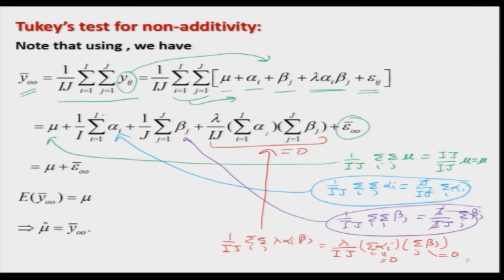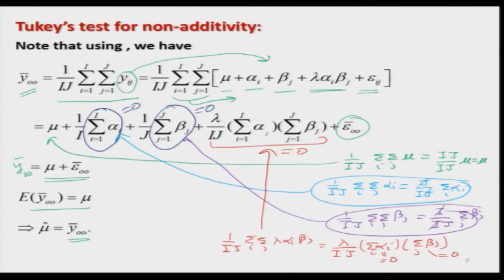This summation alpha I is equal to 0, this summation beta j is equal to 0, and the third term is also becoming 0. So now what you have in your hand is y bar double naught is equal to mu plus epsilon bar double naught, and if you take the expectation on both the sides, the expected value of y bar double naught comes out to be mu, and mu hat equal to y bar double naught is an unbiased estimator of mu.